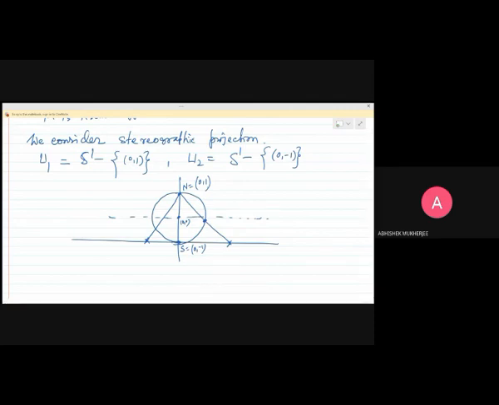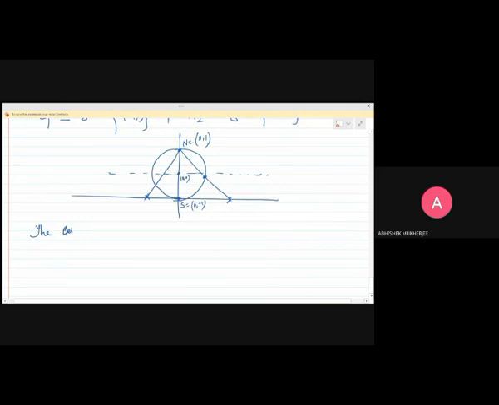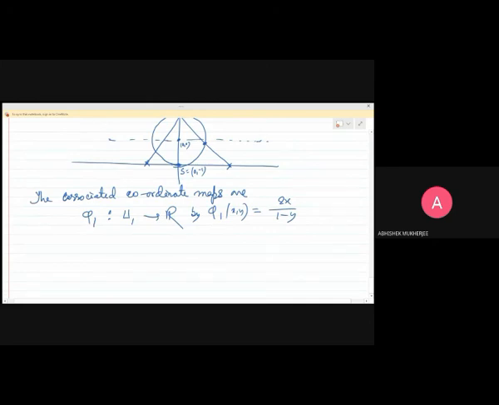And what are the associated coordinate maps? The associated coordinate maps are phi 1 from U1 to R, defined by phi 1 of (x,y) goes to x over 1 minus y, and phi 2 from U2 to R by phi 2 of (x,y) equal to x over 1 plus y.